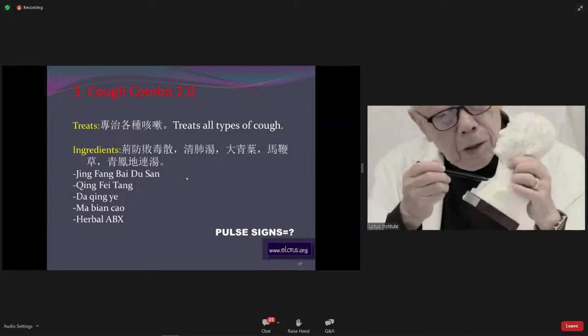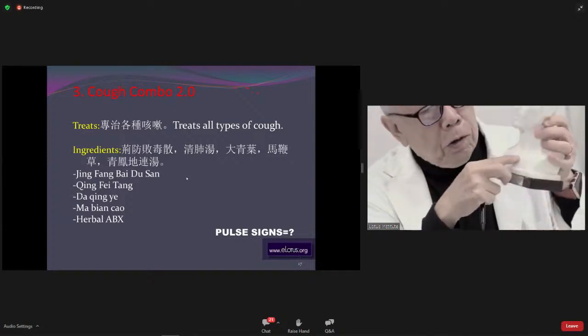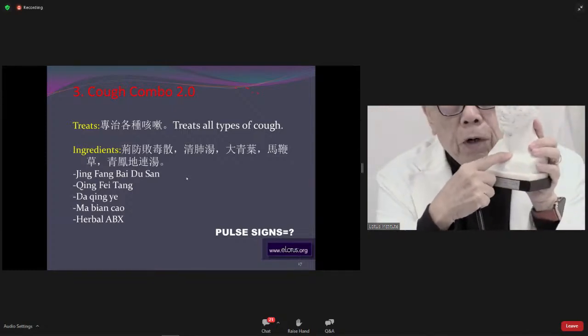The spot here, you can touch your patient's, this is called REN 22.